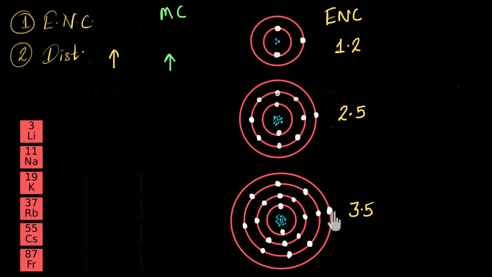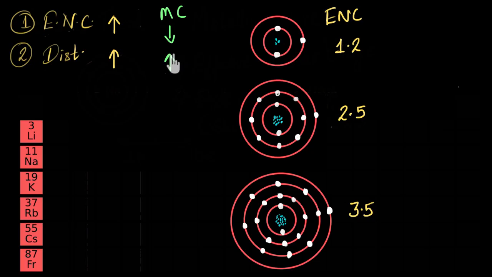Now this would mean that it will be harder to give away this electron. Therefore, potassium should be less metallic than sodium, and sodium should be less metallic than lithium, right? So basically, the effective nuclear charge is actually increasing as we go down a group. And because of this, the metallic character should reduce.